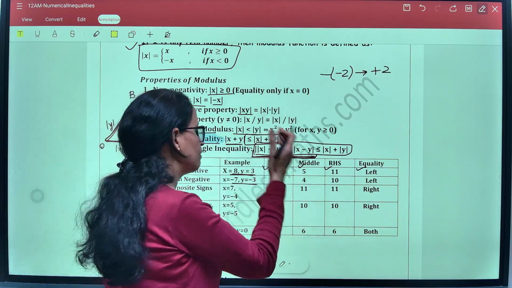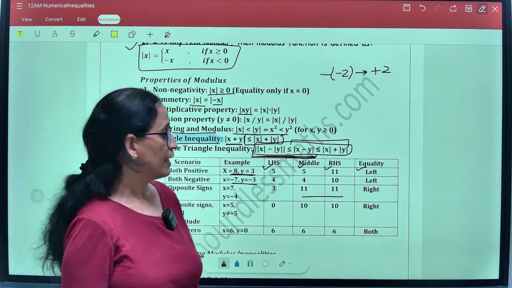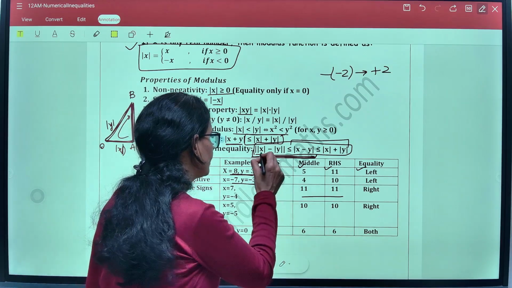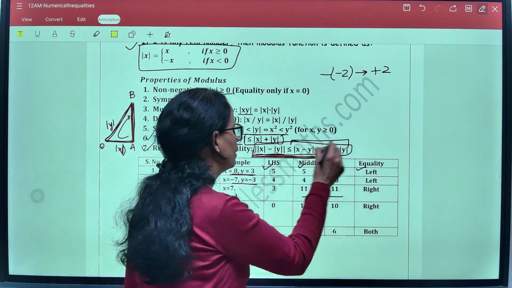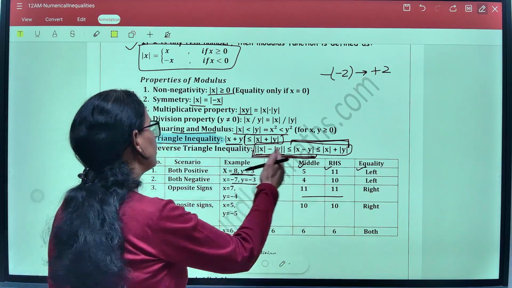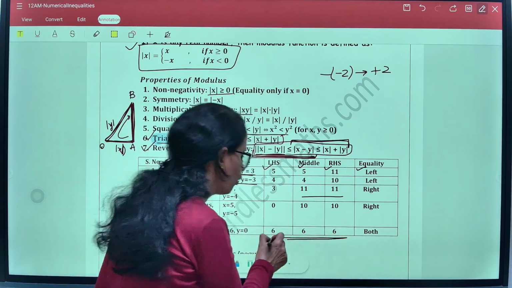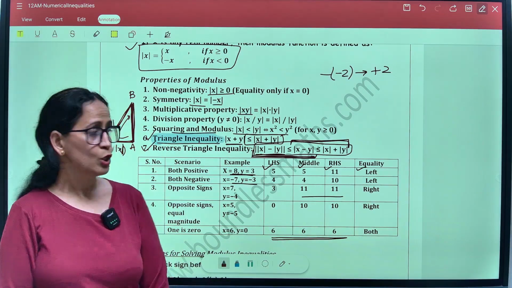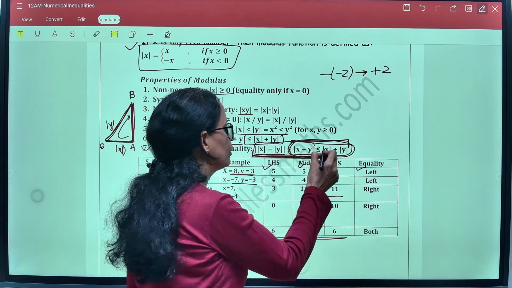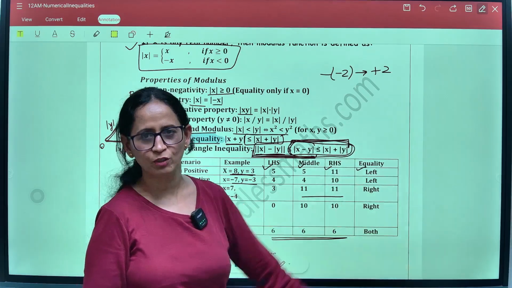If you take one positive and one negative, the right side of this inequality is going to be true. And if you take both of them equal with opposite signs, the left side becomes 0 and the right side is positive, so both are true. And if one of these is 0, for example y is 0, then all three values become equal. So always remember, modulus of x minus y is less than or equal to mod of x plus mod of y. Very important from an MCQ perspective.